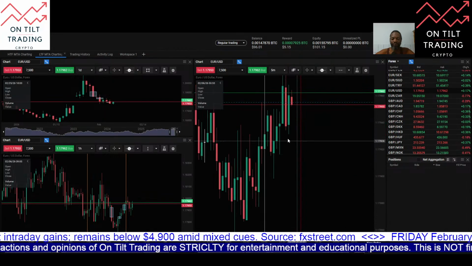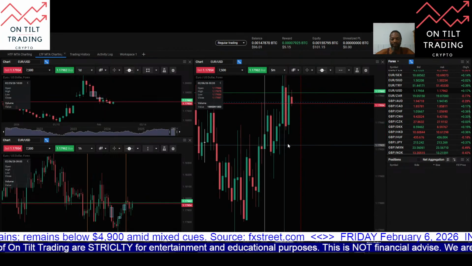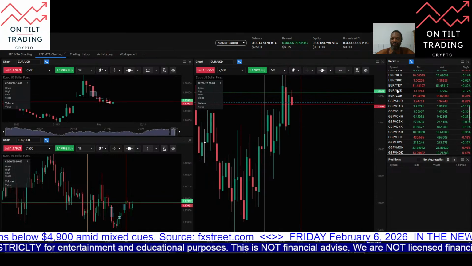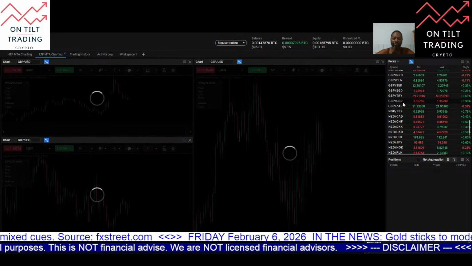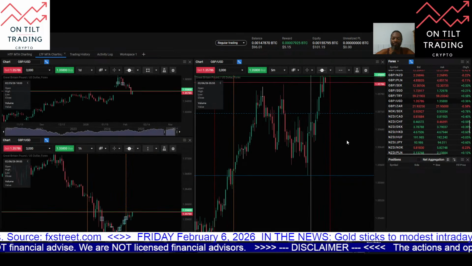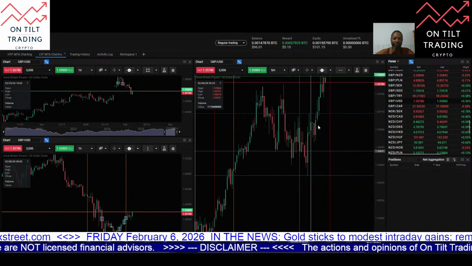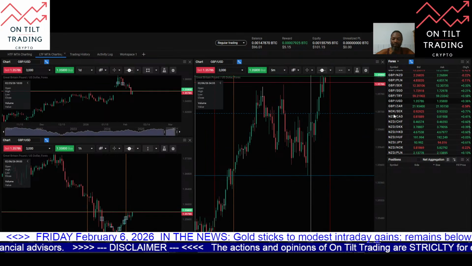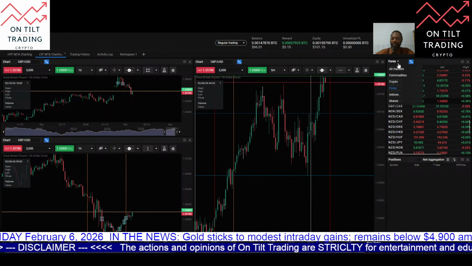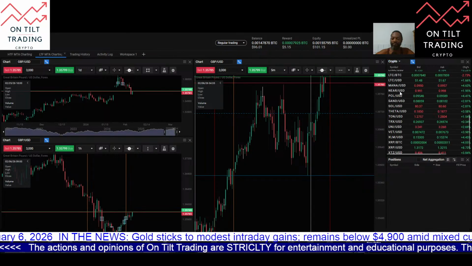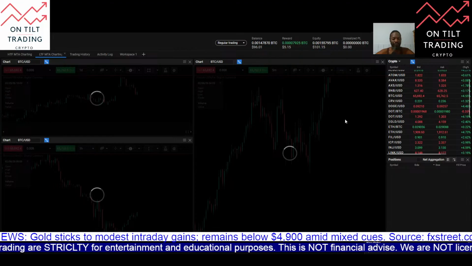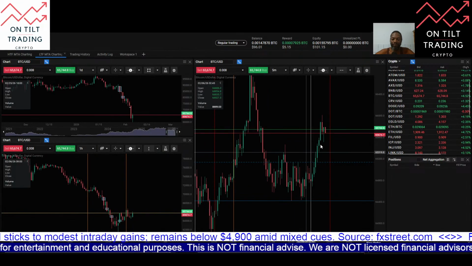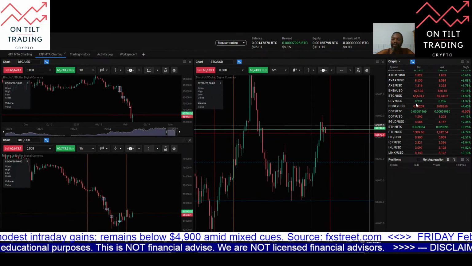Euro, we'll see, we'll come back. Pound dollar, delivering more to the buy side here. Bitcoin is still showing buy side delivery here.